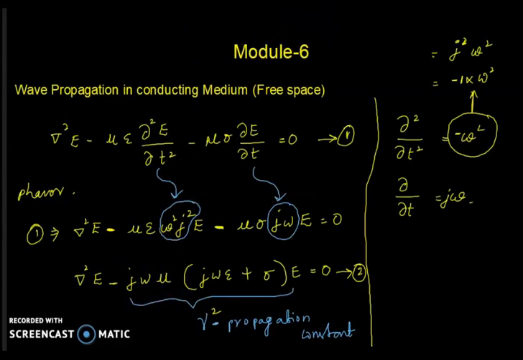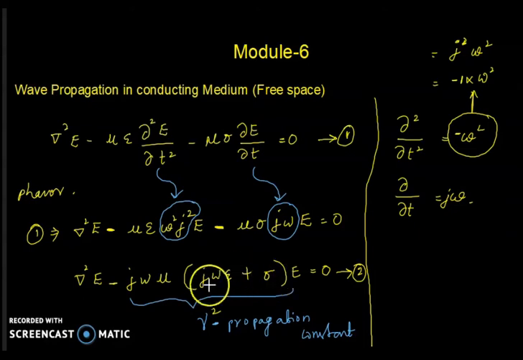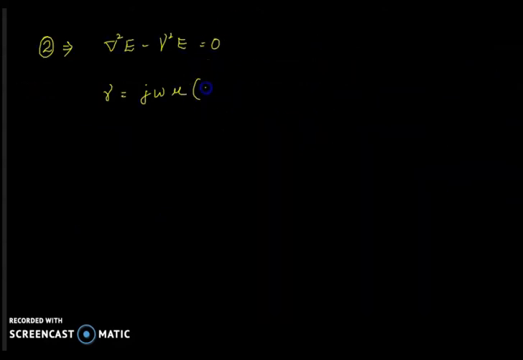So gamma square equals j omega mu into the bracket sigma plus j omega epsilon.